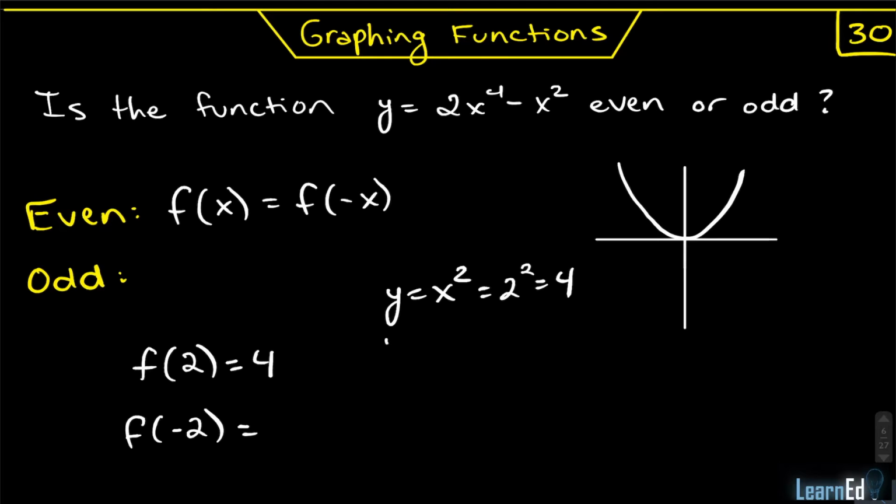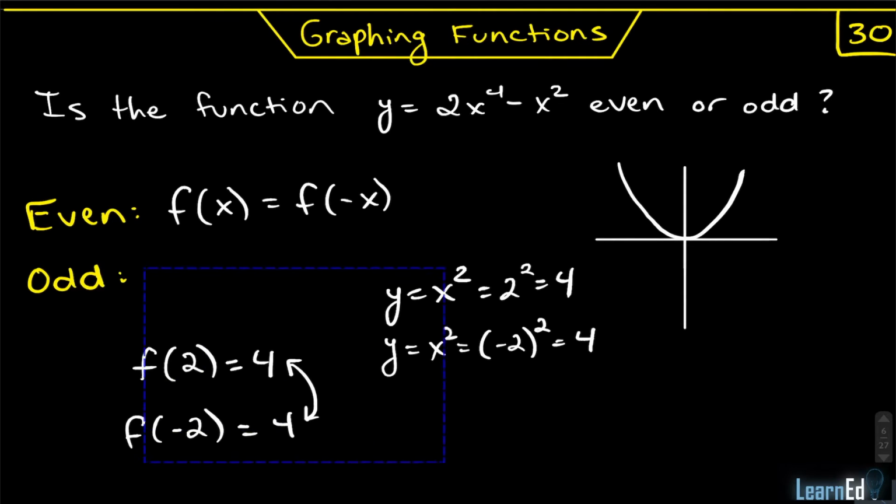Well, if you have y equals x squared again, you plug in negative 2 this time, and you square negative 2, well, negative 2 times negative 2 is positive 4. So you get the same exact y value. You get 4 for both, right? And this is the same for all x values. Okay, so f of 2 is equal to f of negative 2, and this is an even function. That's the idea.